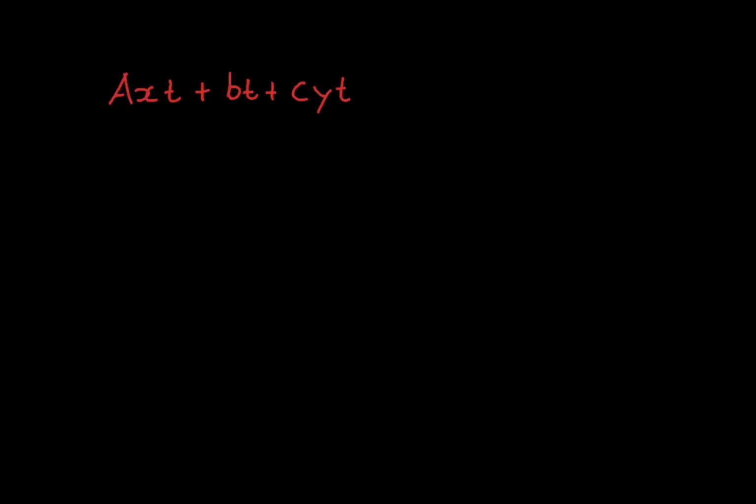In this case, a does not exist here, but it exists there, and not here. x exists here, but it does not exist anywhere else. t exists here, here, and here, so it's common in all three terms.